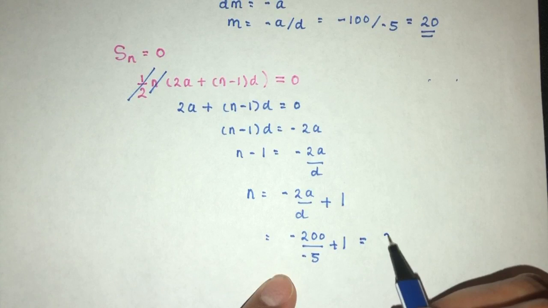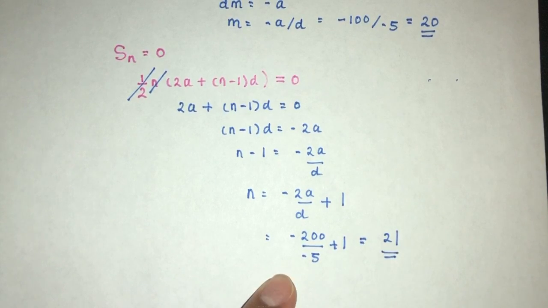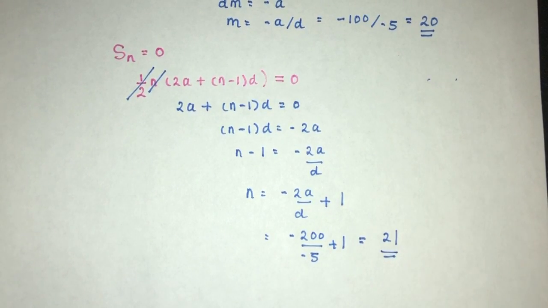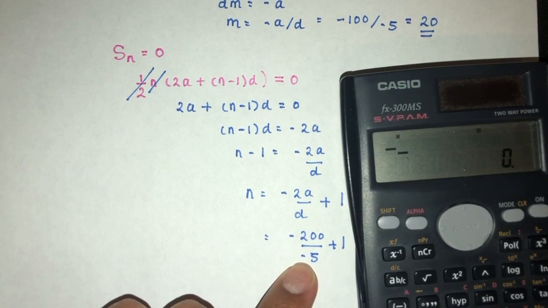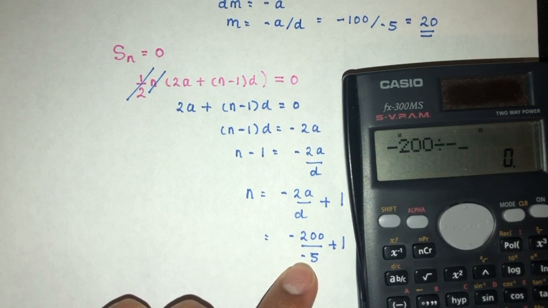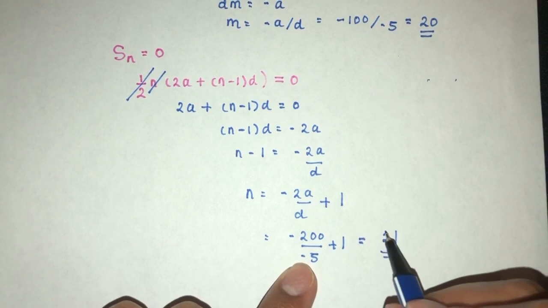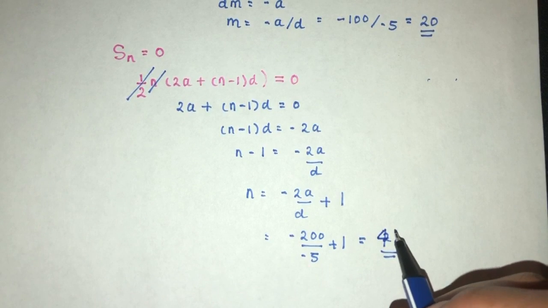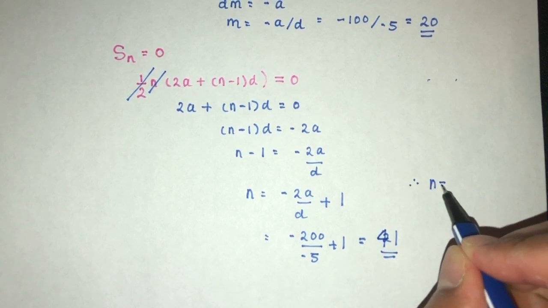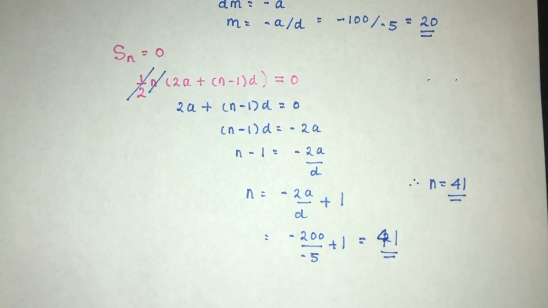Should be 21. So let's double check. I think it's not 21. I made a mistake. It's 41. Because this is what? Minus 200 divided by minus 5 should be 40, plus 1 is 41. So 41 for your value of n. So finally n will be 41. And that is your question in relation to AP and GP.